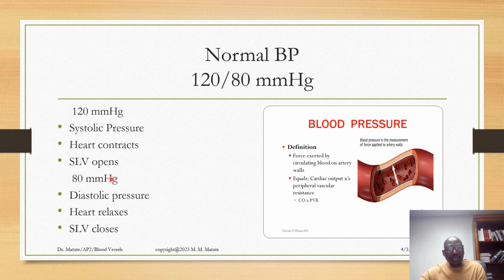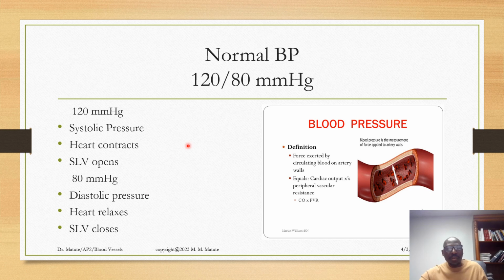The normal pressure for young healthy people, when the heart contracts, is going to be 120 millimeters of mercury. Now, the diastolic pressure is 80 millimeters of mercury. That is when the heart relaxes, and in that case, the SLV valves close.